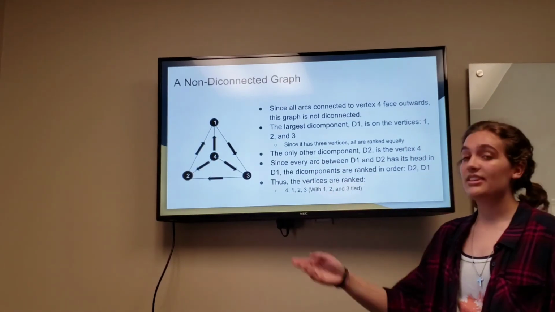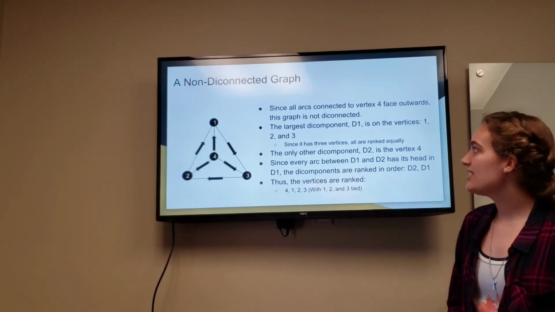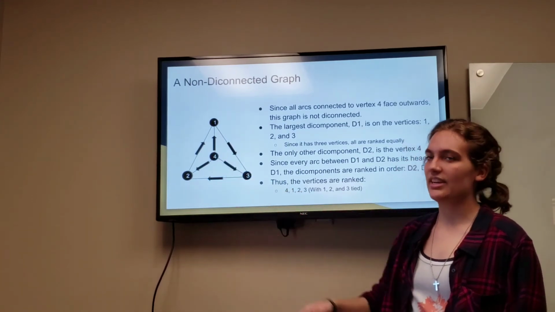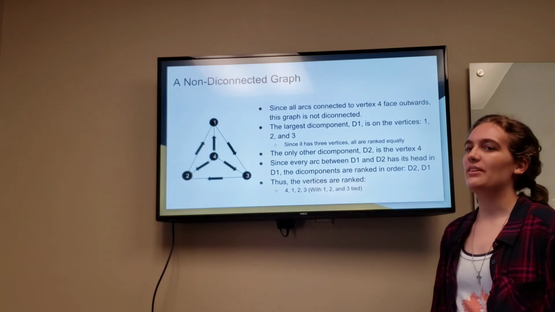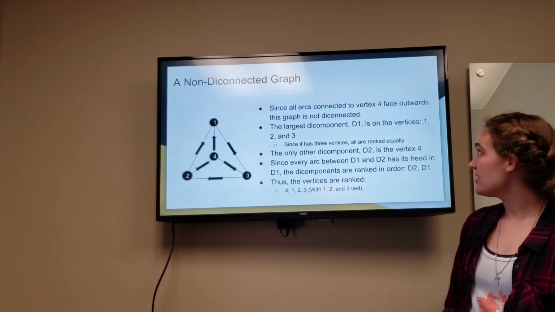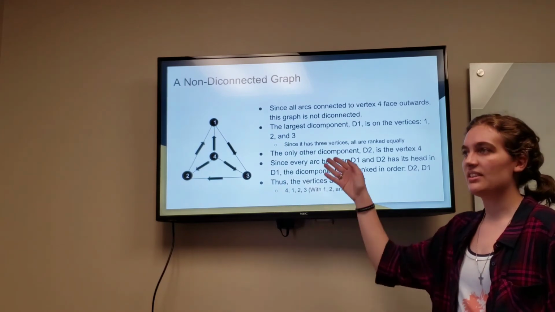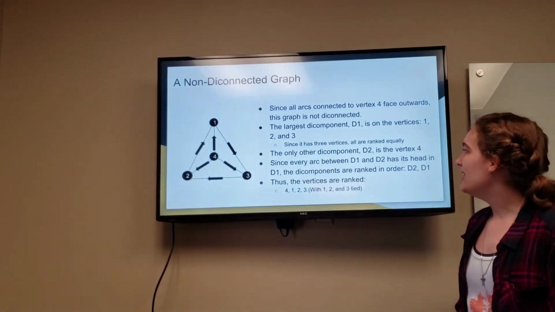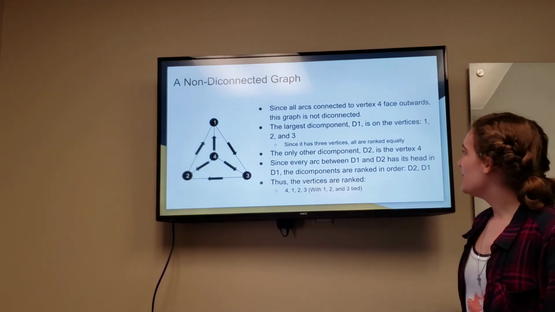Now with this graph, though, it's not diconnected. It has 2 dicomponents, the outside 1, 2, 3, and then just the inside single vertex 4. Since neither of these has 4 or more vertices, we don't have to find the adjacency matrix. The first dicomponent on 3 vertices is all ranked equally according to the algorithm, and the last one is just 1 vertex, so it wins.